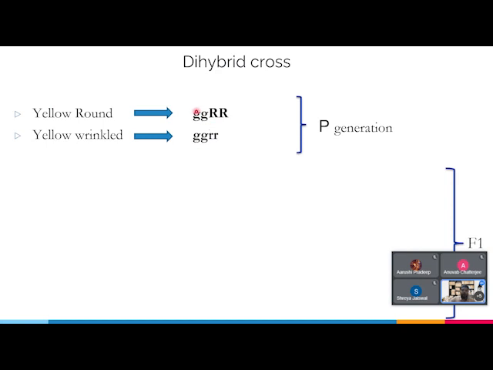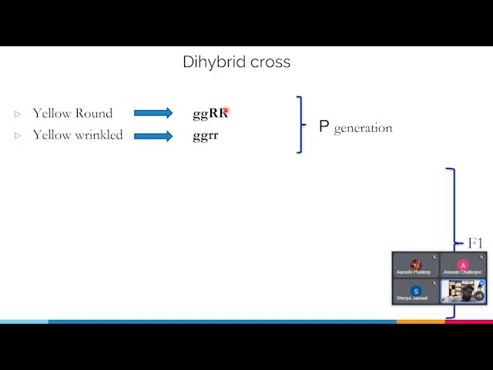So we draw a very simple 2 by 2 Punnett square for the seed color and a separate 2 by 2 Punnett square for the seed quality, which simplifies the entire problem instead of drawing a big 4 by 4 Punnett square.